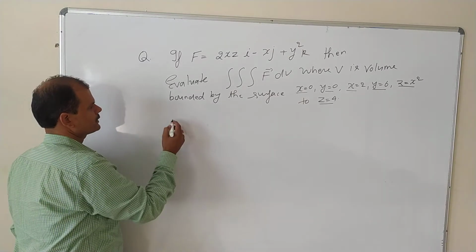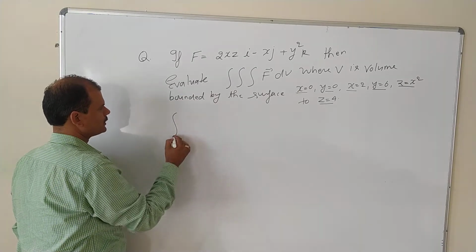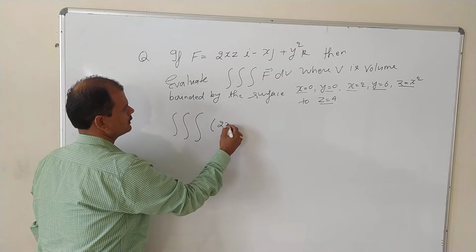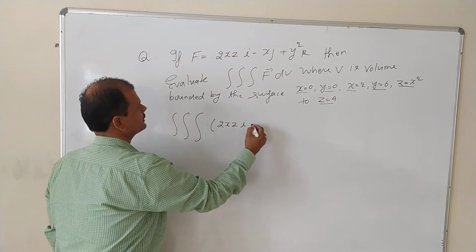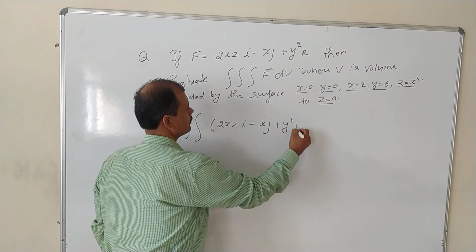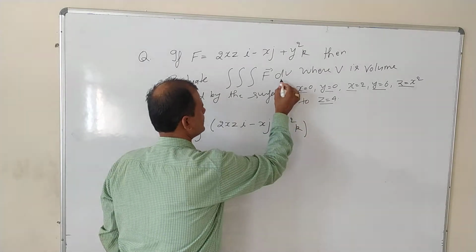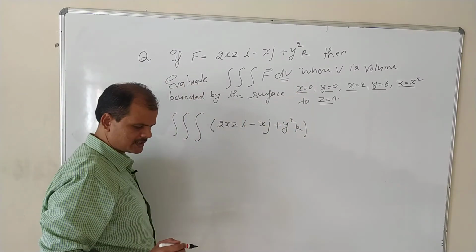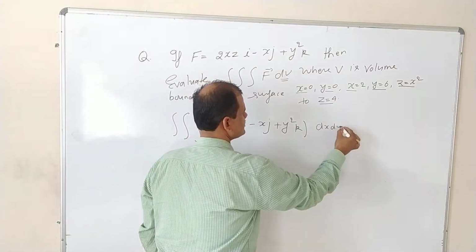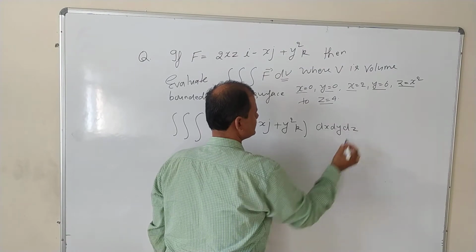Let us see. So f is given as 2xz i minus x j plus y square k, and dV, since we are in the Cartesian coordinates, will be dx dy dz.